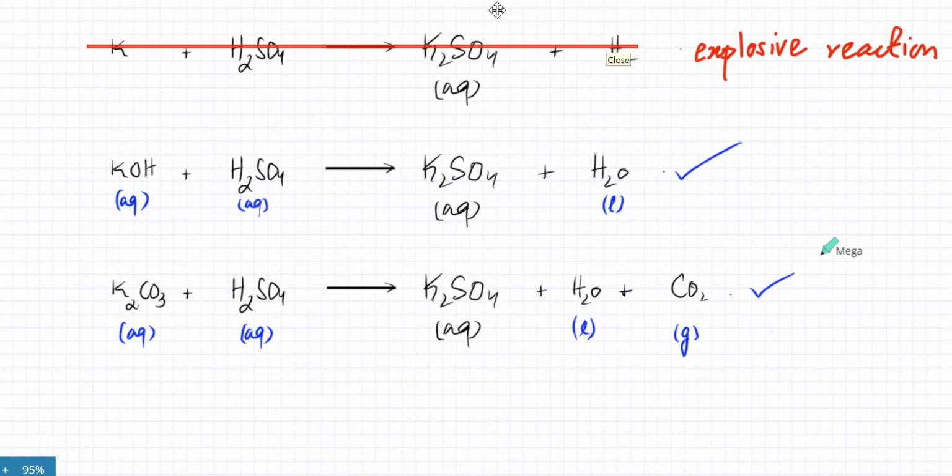Sir, I have a question. Yes. Sir, we can use any soluble potassium salt, right? So potassium nitrate would also work? Yes, it can work. It's not the salt that's going to work, okay?